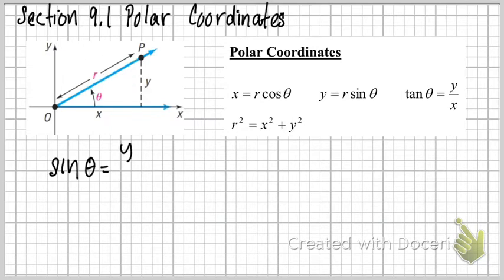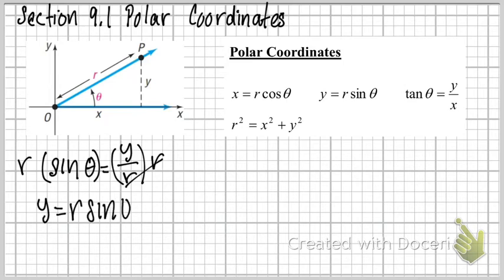That's going to be y over r. If I solve this for y, I would multiply both sides by r. So an r here and an r there, those cancel. I actually get y equals r sine theta. And if you look at this second equation here, that's exactly what we see. So it comes from just the idea of what the trig functions are in terms of a triangle.